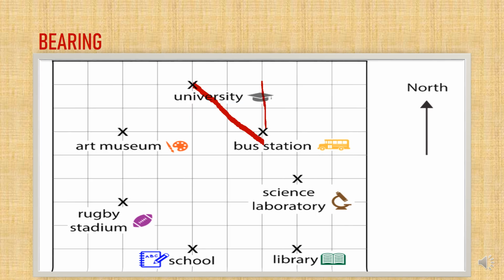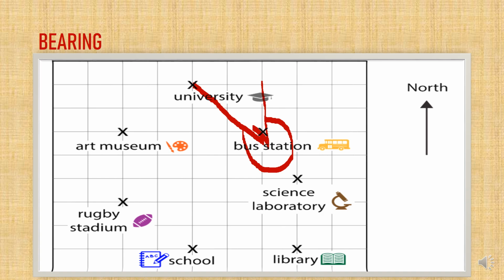Then the north line is going to be placed on the bus station because the question is suggesting from there, right? Then the angle in question starts from the north line in a clockwise direction up until we meet the line which joins the two places. So our angle is more than 180 degrees. So you measure this smaller angle, you subtract from 360, that will be the answer, right? Let me suggest another example.